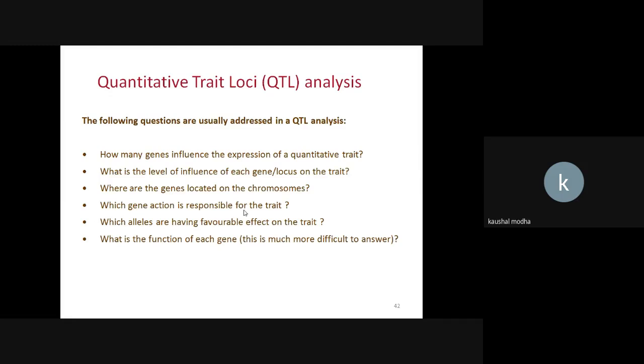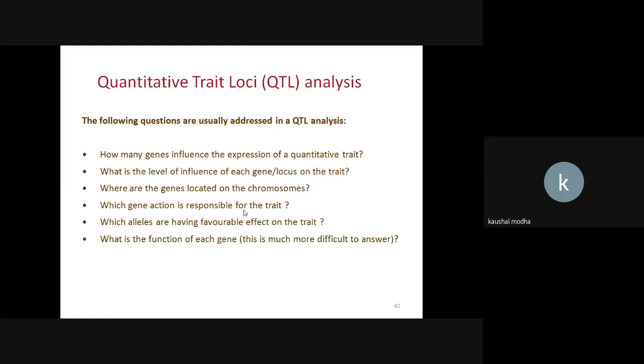Now, where these genes are located on the chromosome, that also we get an idea, because the markers we have utilized to be associated with a particular quantitative trait, we know the positions of those markers on the chromosome. We already know, because we also construct molecular maps during the QTL analysis. So that's how we know the placement of the marker.